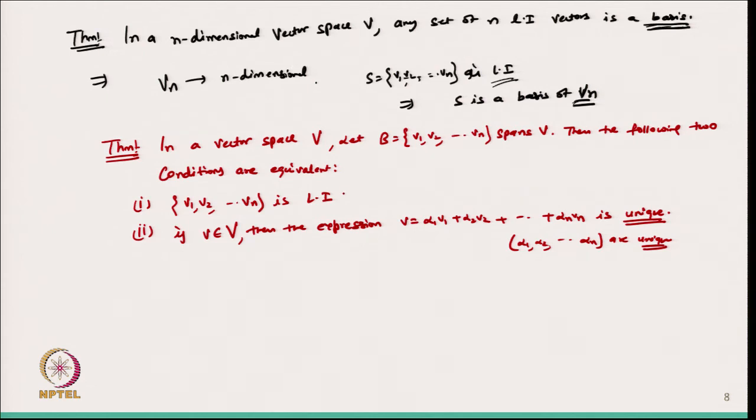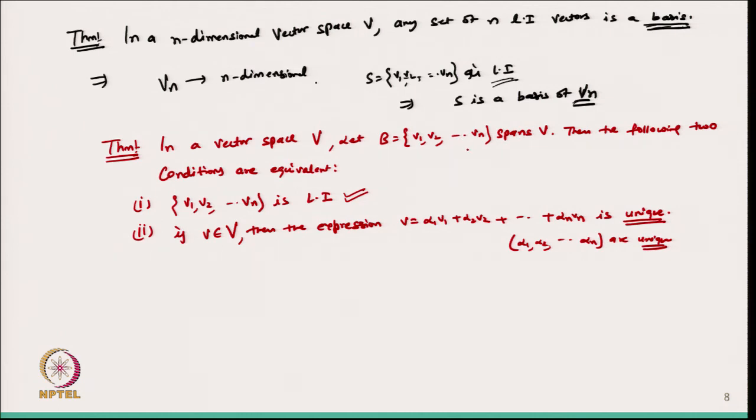So, either it is LI or it is unique, both things are same. If it is LI, then it is unique, and if it is unique, then definitely it is LI. It can be seen very clearly because it spans this one.